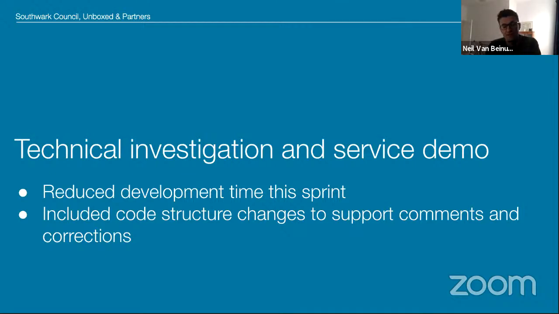Another reason is that we've been doing some behind the scenes refactoring or code structure changes, especially to support the ability for officers to comment as they already can, but also an upcoming feature to give a manager the ability to request corrections for the officer to take on board as part of their reassessment process. So that's some of the behind the scenes changes that we've been doing.